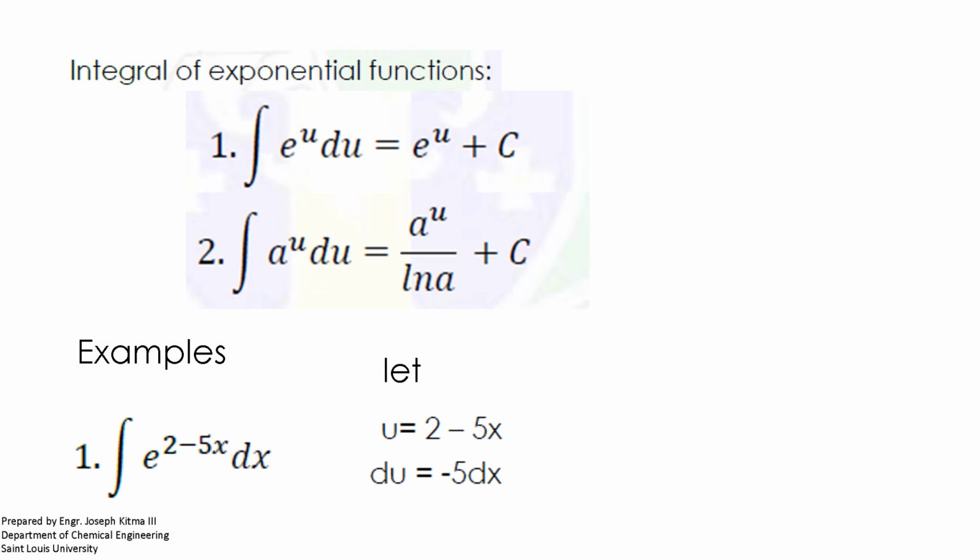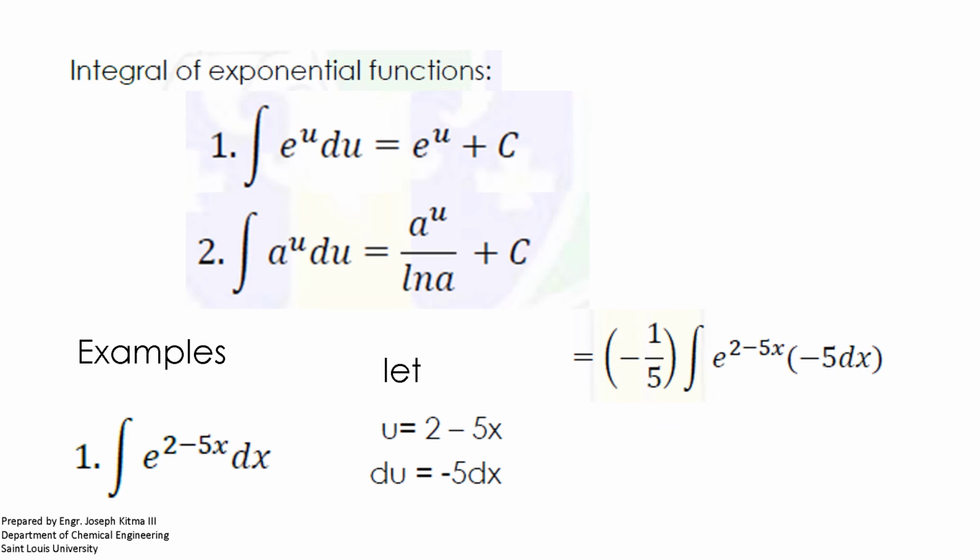So it means we have to introduce negative 5 into the integrand, but we also have to introduce the correcting factor, which is the reciprocal of negative 5, and that is negative 1 over 5.